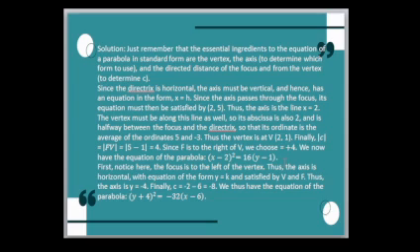So, we just have the equation of the parabola, that is case number 2. y minus k squared is equal to 4c times x minus h. That's the formula for case number 2.